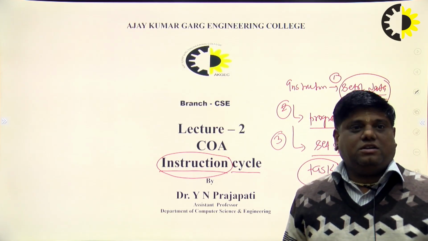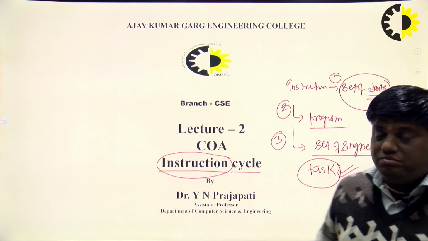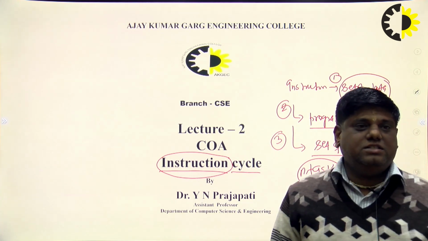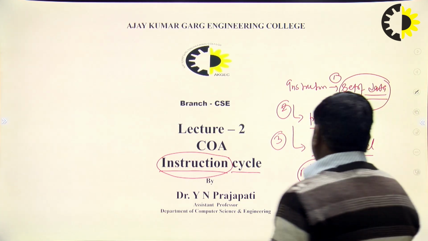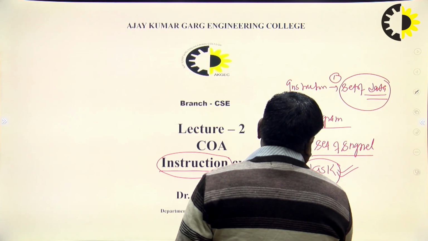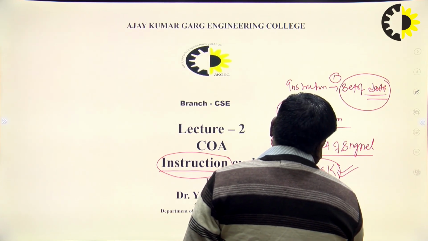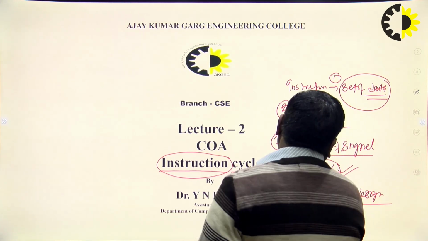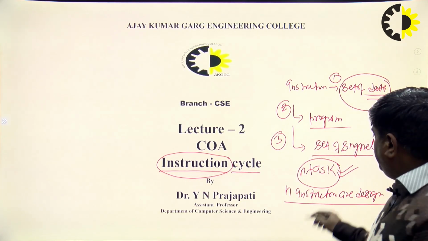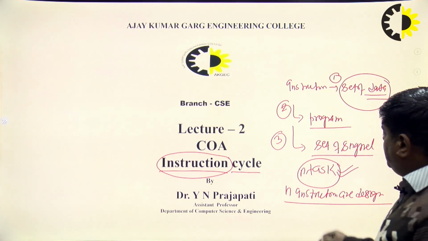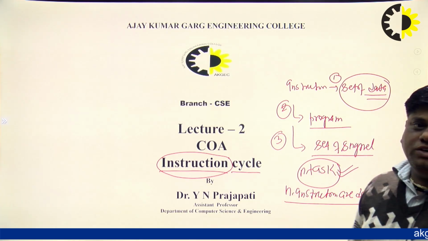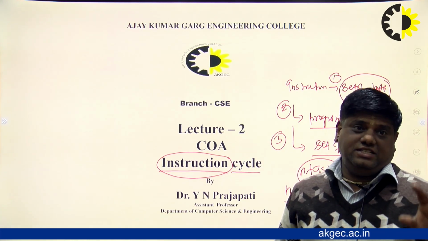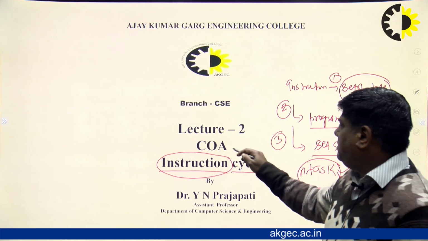It means a computer system can perform n number of tasks. If we have n tasks, then for every task one instruction is designed. It means a total of n instructions are designed for the basic computer architecture.